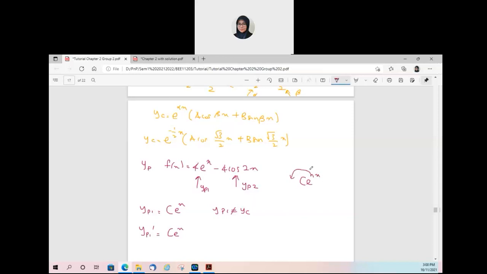Tapi N kita satu, jadi satu je. Betul. Okay, faham. Kalau CE2X, then dia akan jadi 2CE2X. Okay. Kalau you differentiate lagi sekali, 2 ni ke depan lagi, dia akan jadi 4CE2X. Faham?